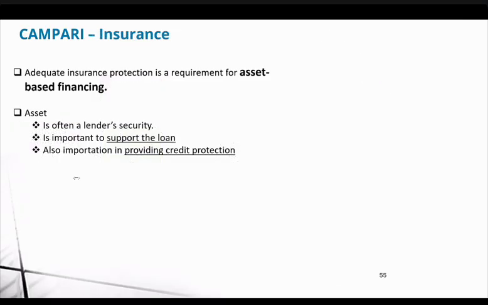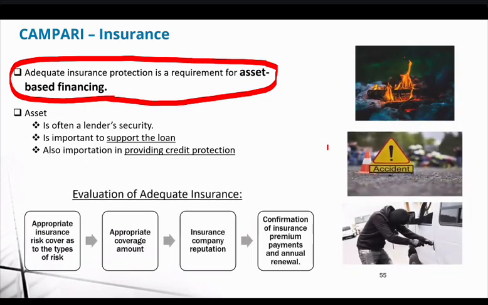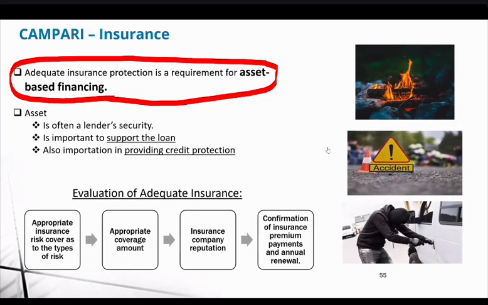Last point here, adequate insurance protection is a requirement for asset-based financing. If I'm talking about asset-based financing, am I talking about life or general? More likely, I'm talking about general, yeah? So examples would be fire insurance, accident insurance, or theft or burglary insurance.